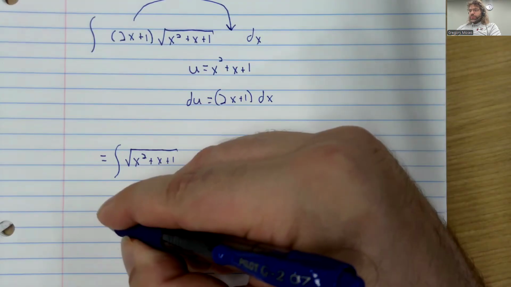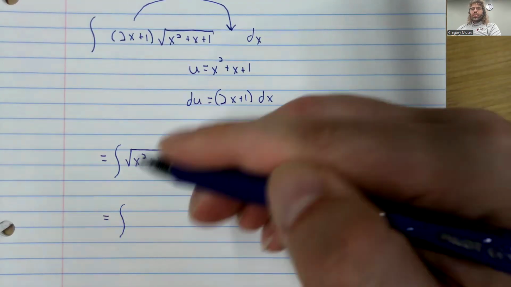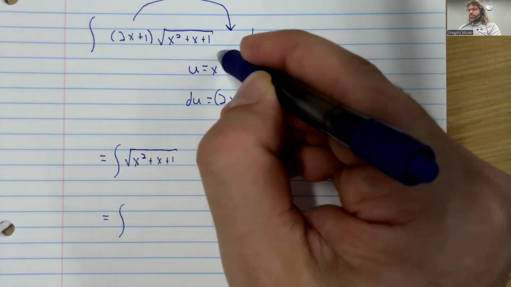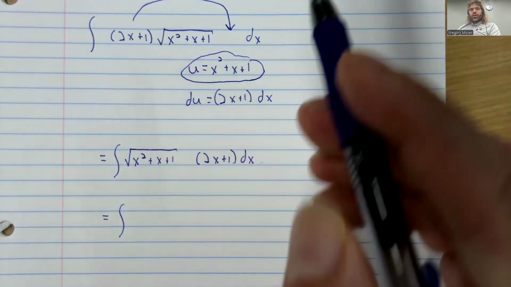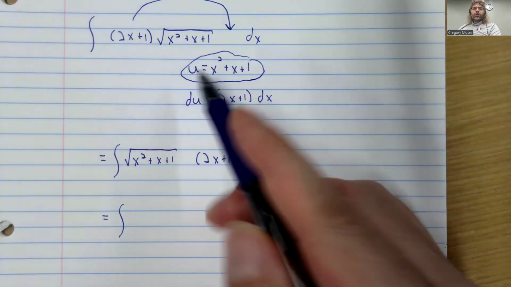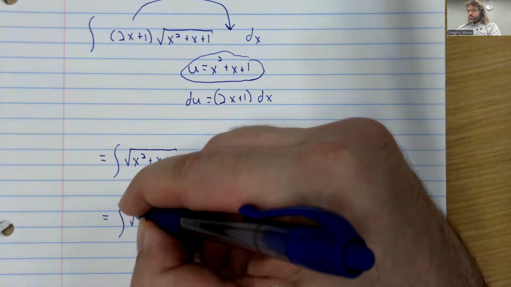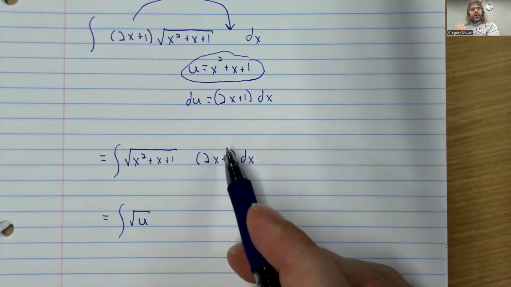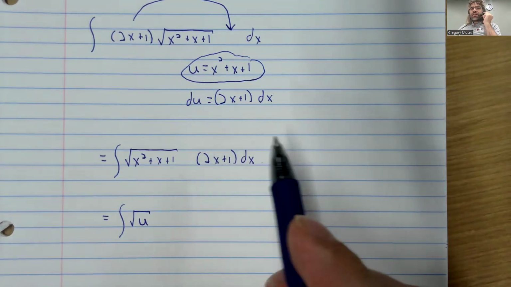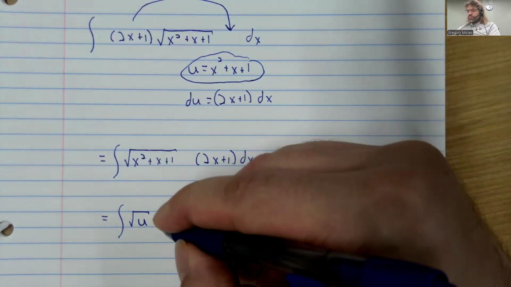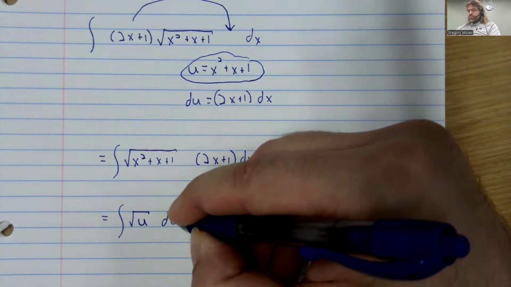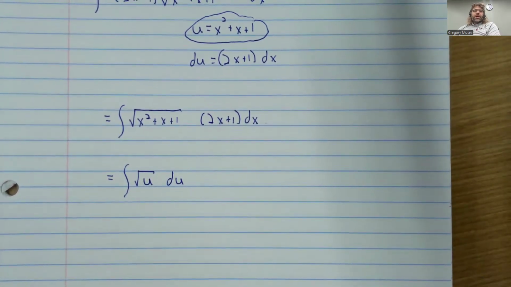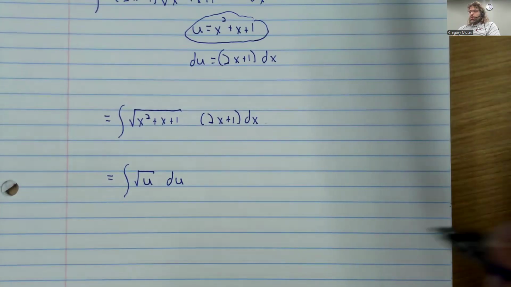And maybe now we see what happens. We've got the square root of x squared plus x plus 1, which is this new variable u. So we've got the square root of u, and then 2x plus 1 dx is du. So we've got the square root of u du, and now we don't have a composition anymore.